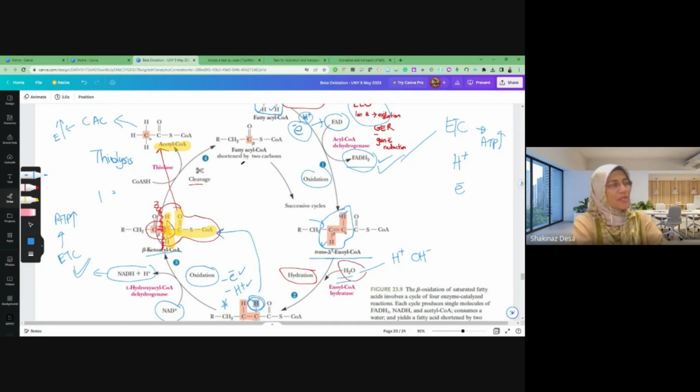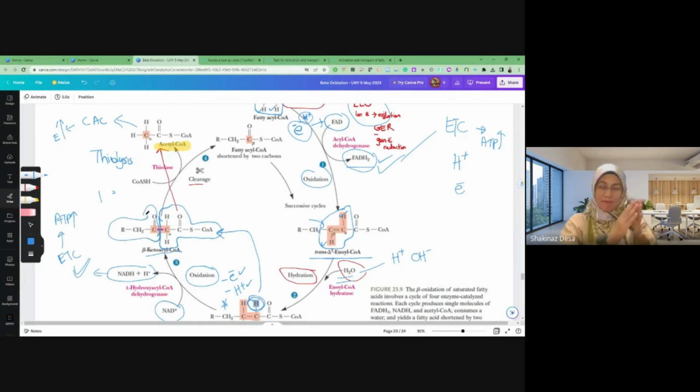So what happens to the remaining one? Just now, if you recall, we cut here, right? We cut it at this line. We cleave here. It becomes acetyl-CoA. What happened to the remaining?